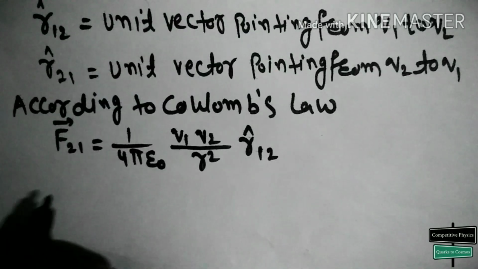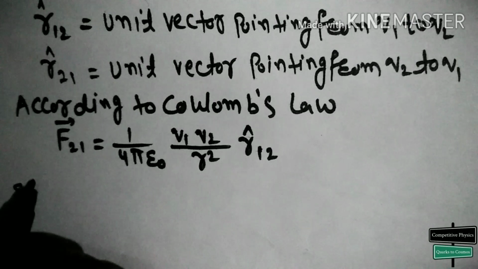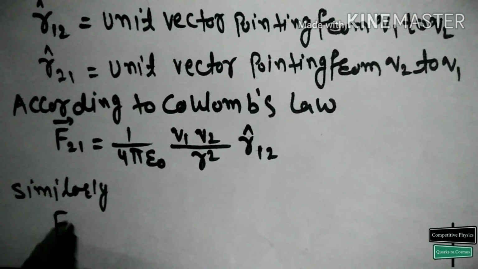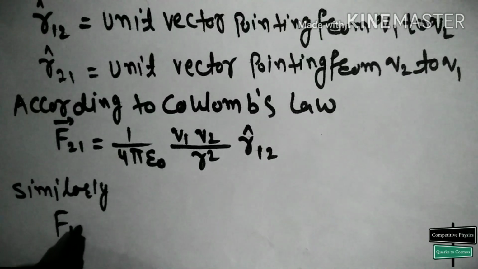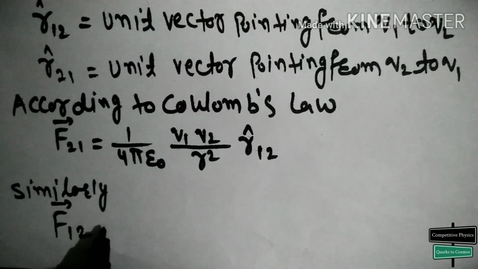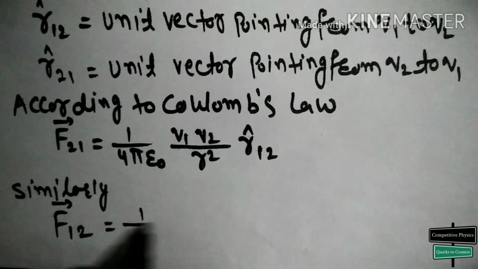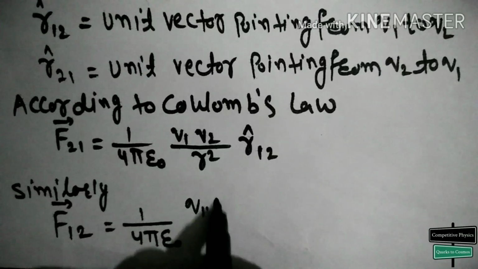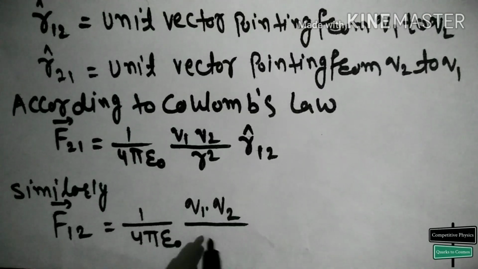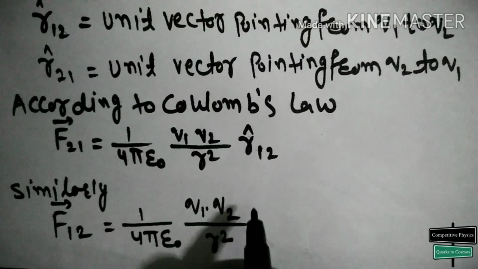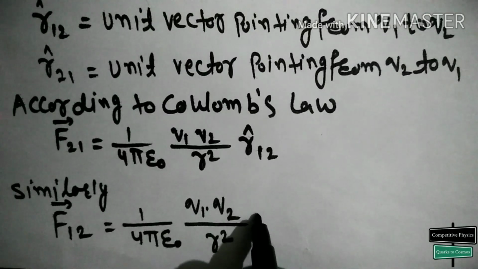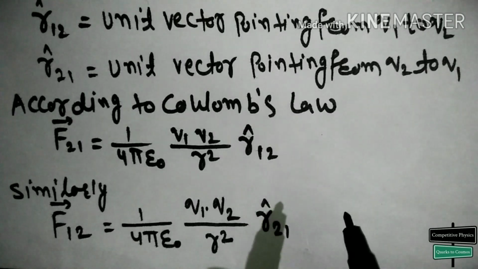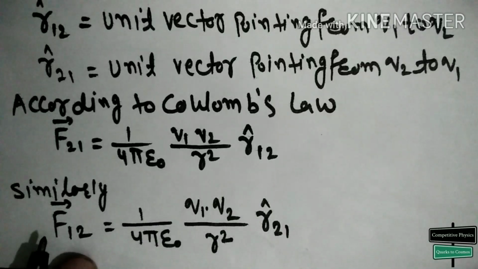Similarly, you can write force on first charge due to second charge, F12. That will be written as 1 upon 4 pi epsilon naught Q1 into Q2 upon r square, and for unit vector you have to write here r21 cap, that is the direction of the force is from second charge to first charge.